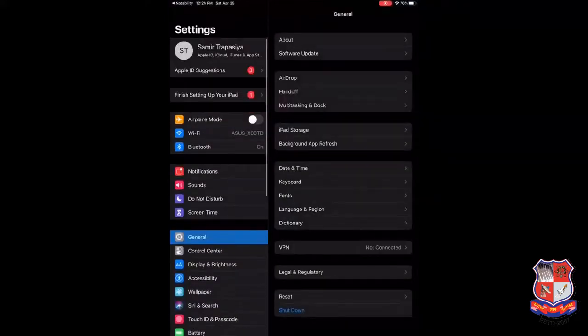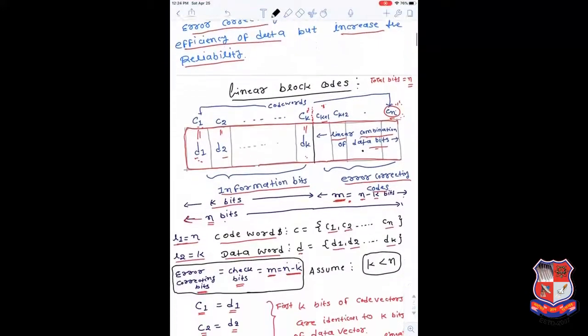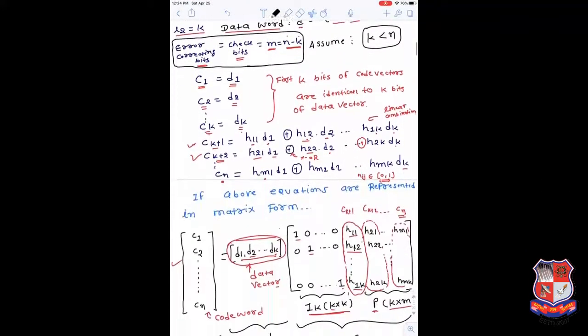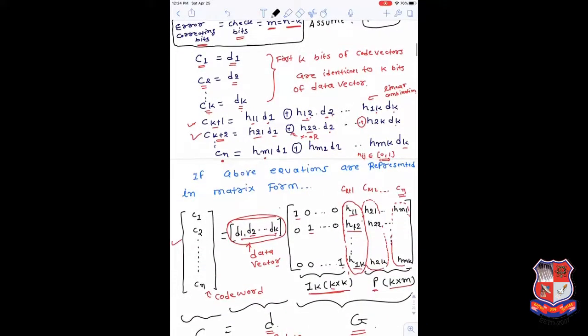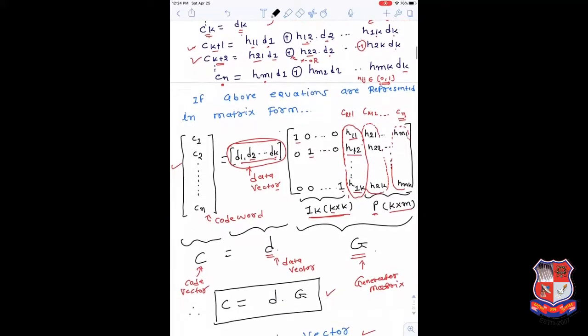That part we have already learned, and now we have produced a code vector C from the data vector D by multiplying with a generator matrix G. The generator matrix consists of 2 parts. The first k columns and k rows are the identity matrix, and the remaining portion is known as the parity matrix.